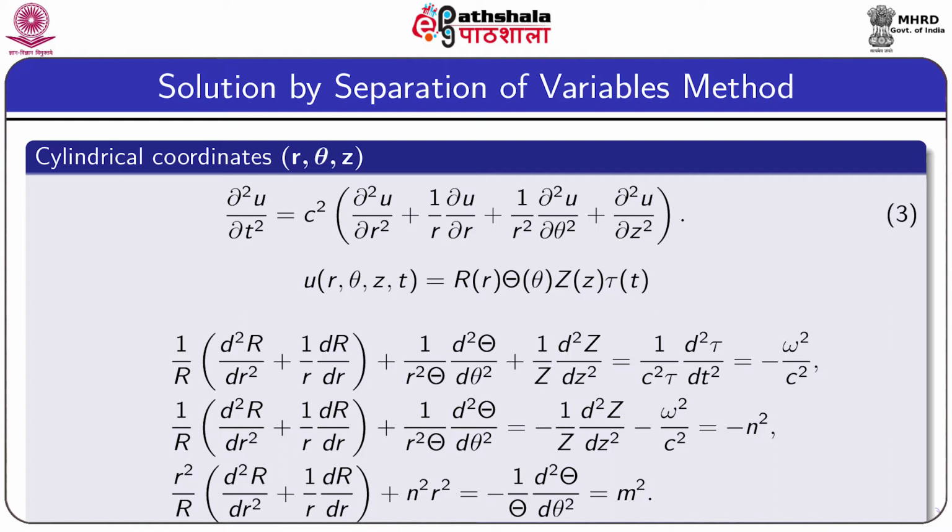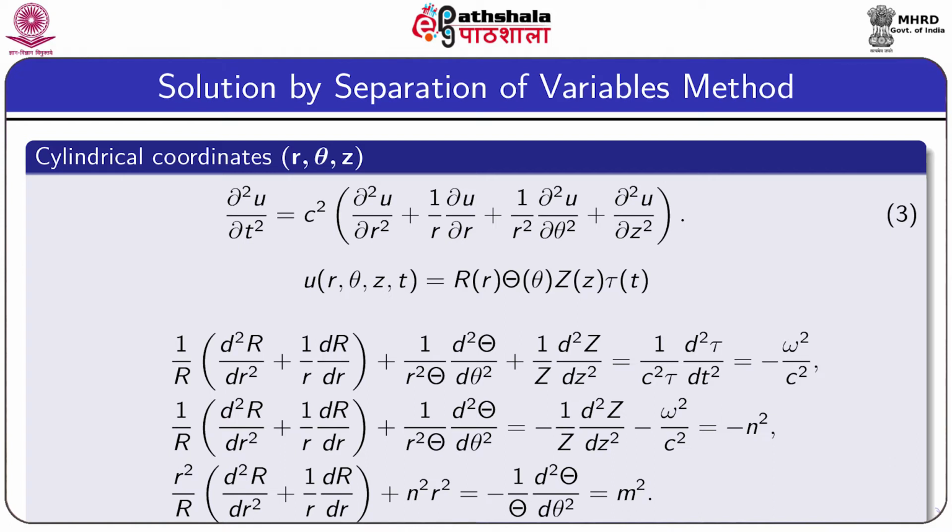So we get the equation 1 by R d2R/dr square plus 1 by r dR/dr plus 1 by r square Theta d2Theta/dtheta square equals minus 1 by Z d2Z/dz square minus omega square by c square, equals a separating constant minus n square.